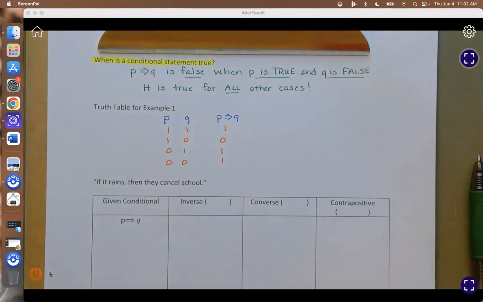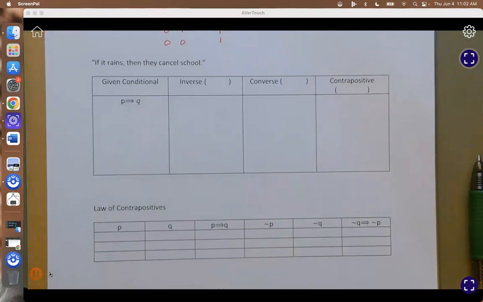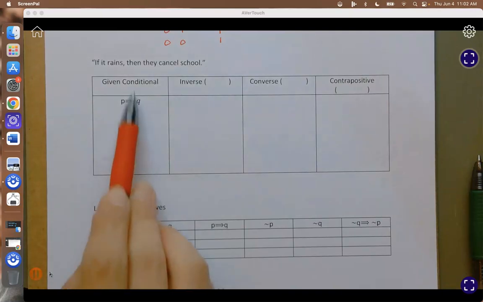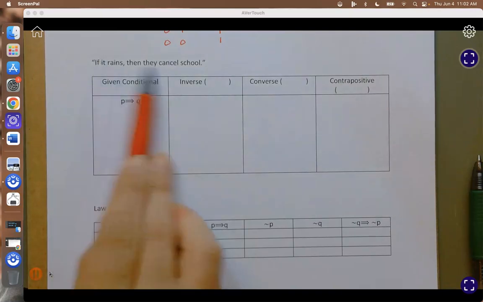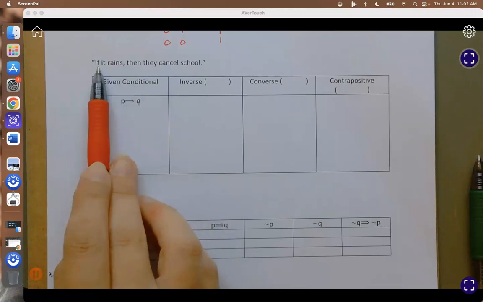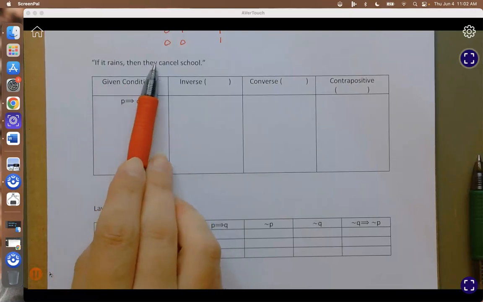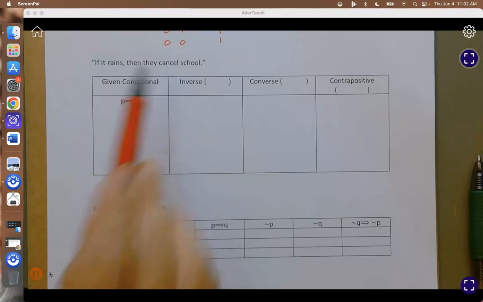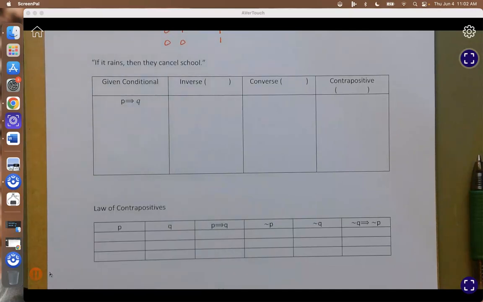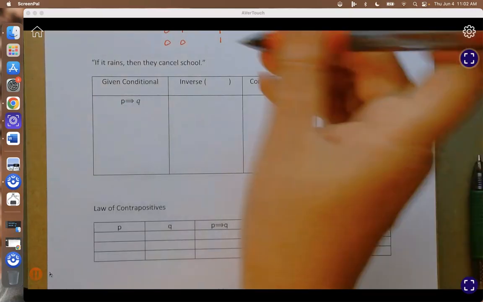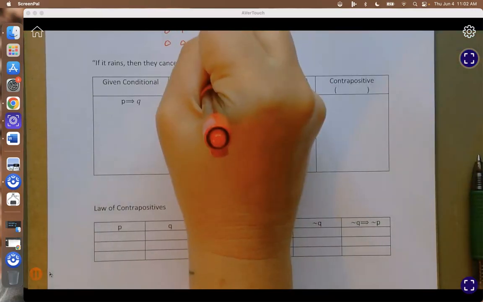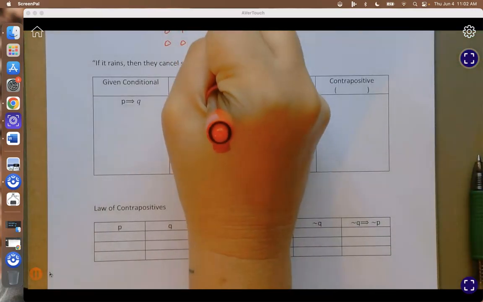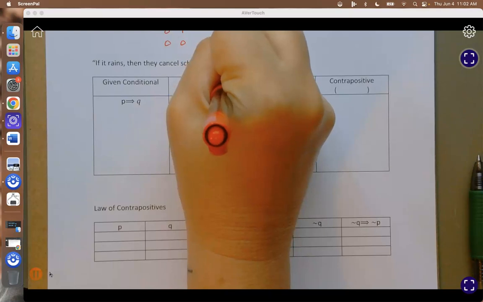Now next, if it rains, then they cancel school. Okay, so the given conditional is: if it rains, then they cancel school. So P is it rains, and Q is they cancel school. Okay, so when they ask you for the inverse, you're just going to negate the statement.